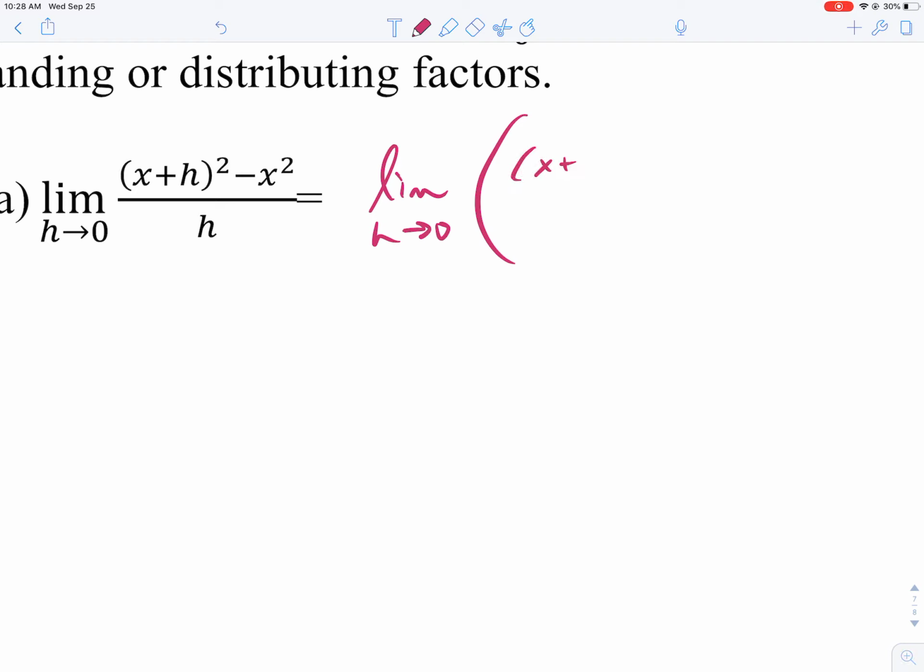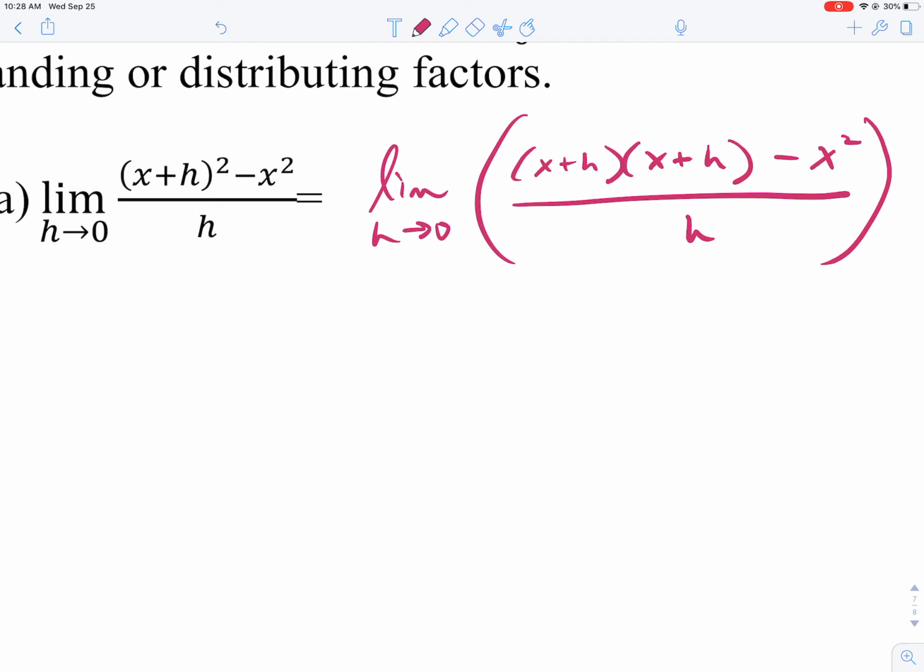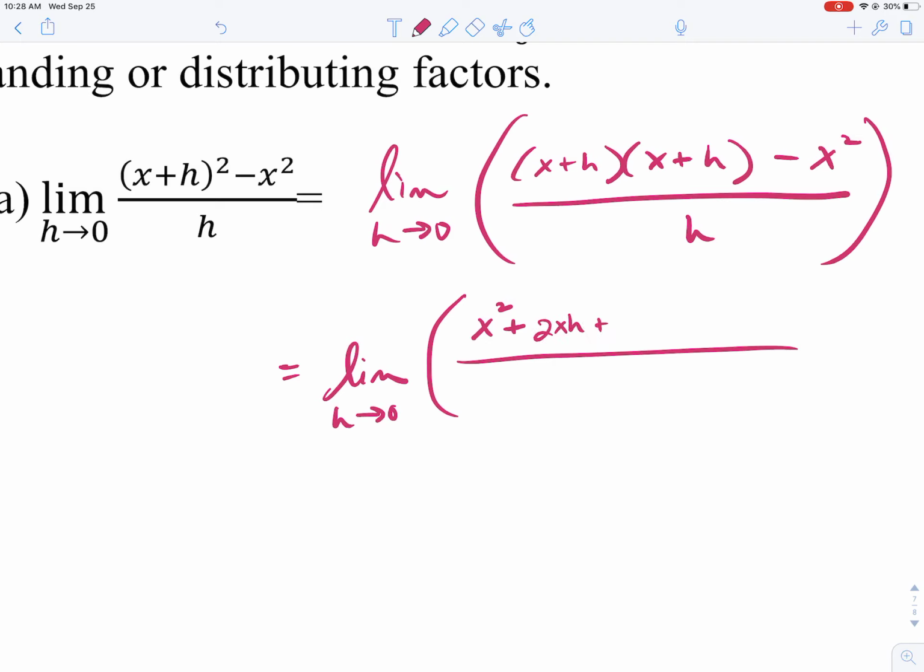So I'm just going to think about multiplying out the numerator and combining like terms. Okay, so the numerator will be x squared plus 2xh plus h squared. That's just applying the distributive property multiple times.